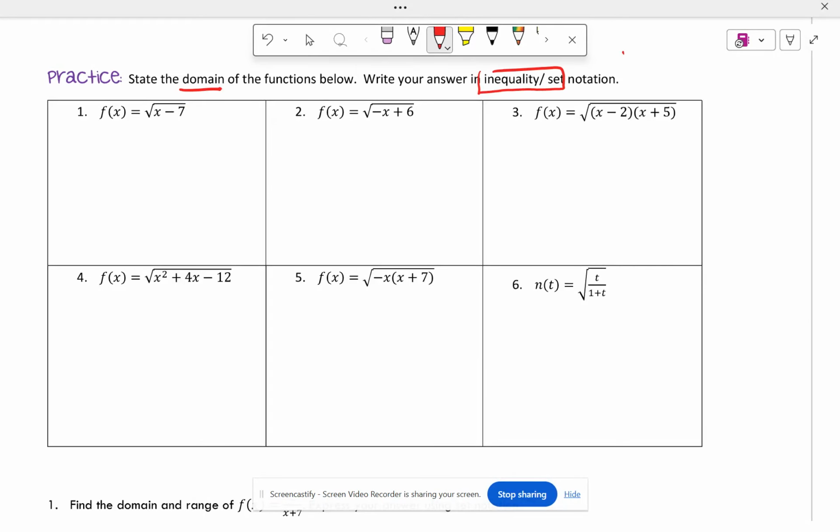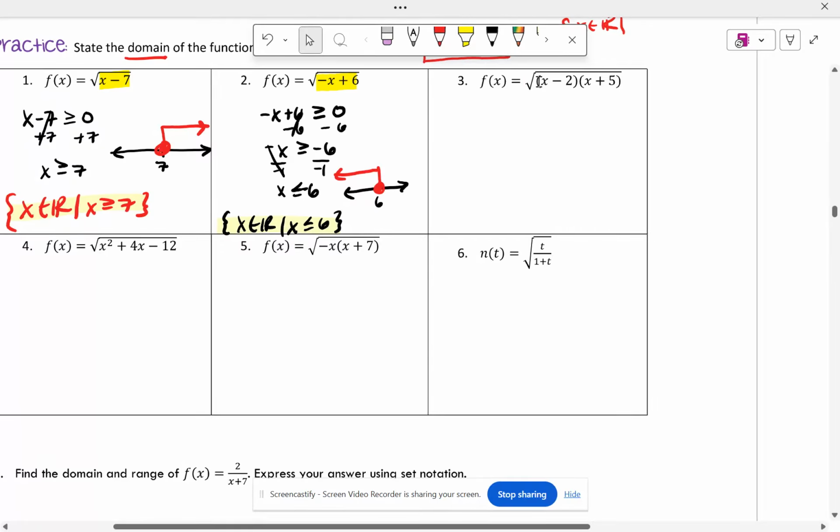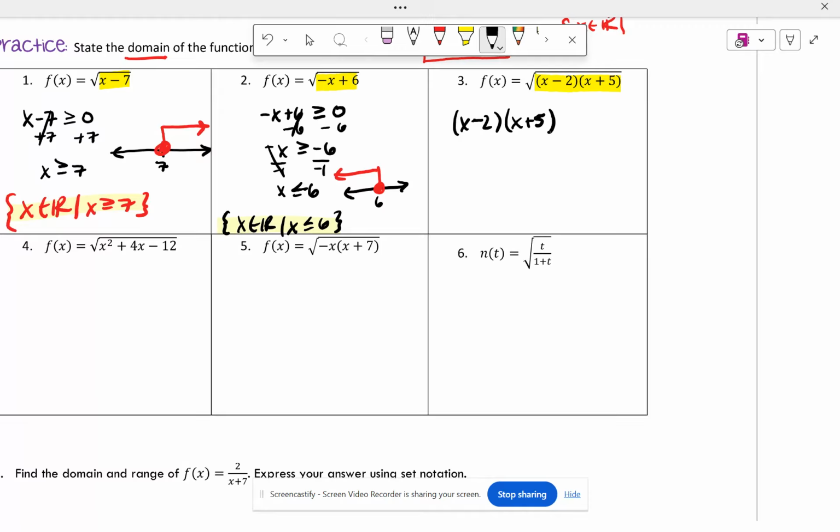Let's look at 3. Following the same algorithm, if we see a square root and we're asked about the domain, we take the piece under the square root and set up the inequality that makes that true. We want the piece under the radical greater than or equal to 0. Now it's just a quadratic inequality, and we know how to solve those.